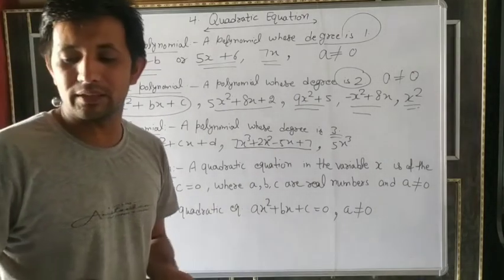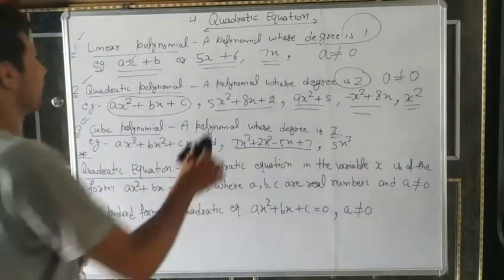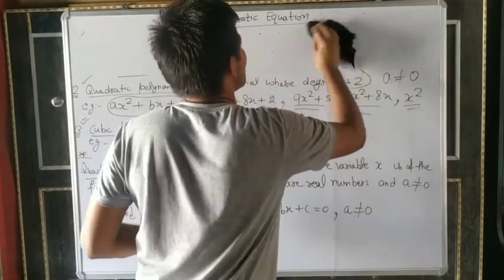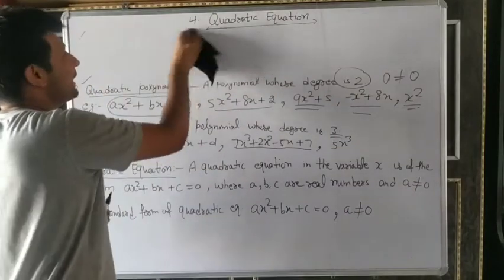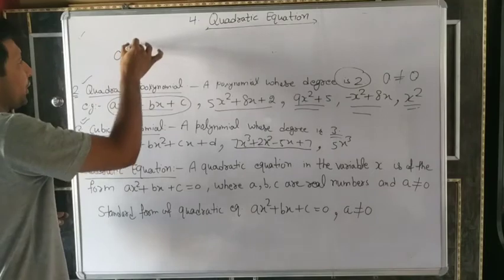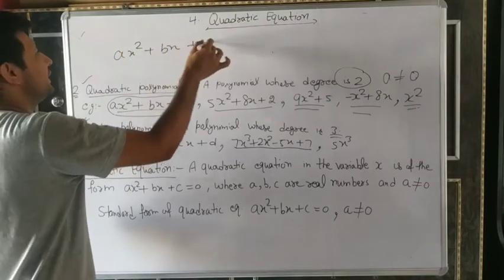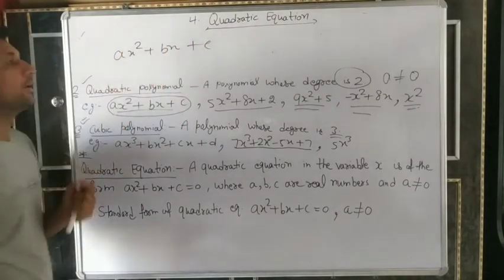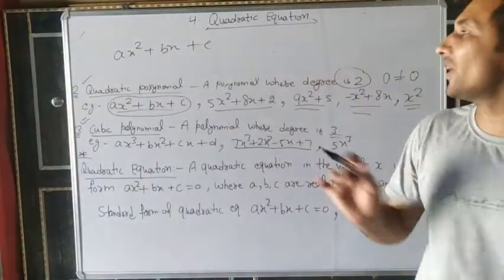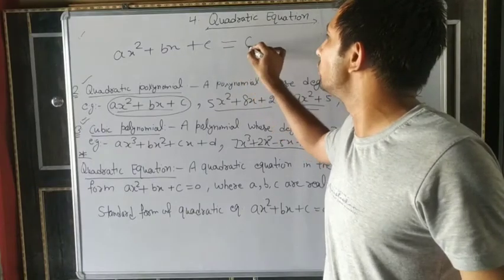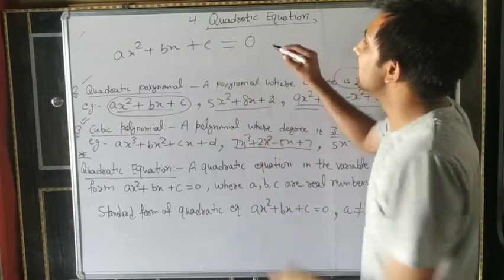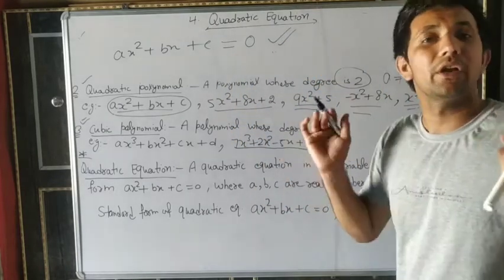What is a quadratic equation? Always remember, dear, what is the difference between polynomial and equation? If any polynomial, say quadratic polynomial ax square plus bx plus c, you equate to 0, that is, if we use the equal sign, then the polynomial becomes an equation.